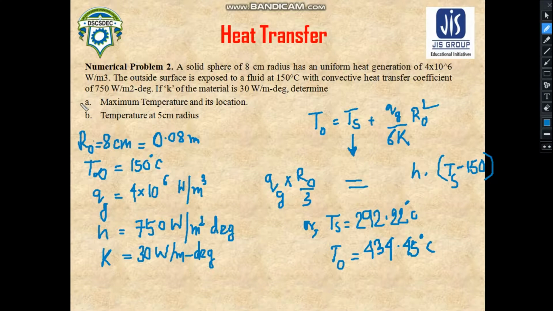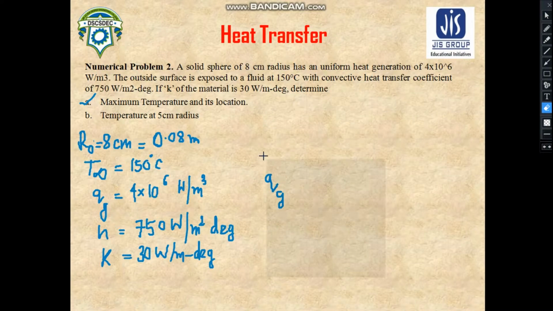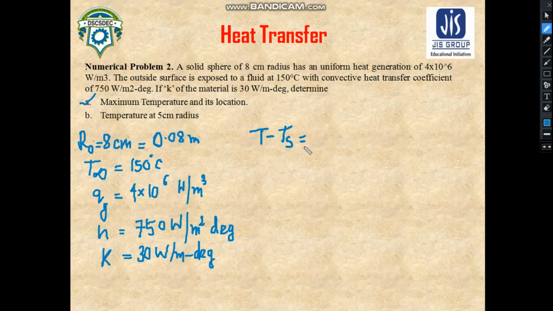So we have completed this problem, and now the question is to find the temperature at 5 centimeter radius. If you remember the temperature distribution formula which we had derived, T minus Ts equals Qg by 6k, R0 square into (1 minus R square by R0 square).